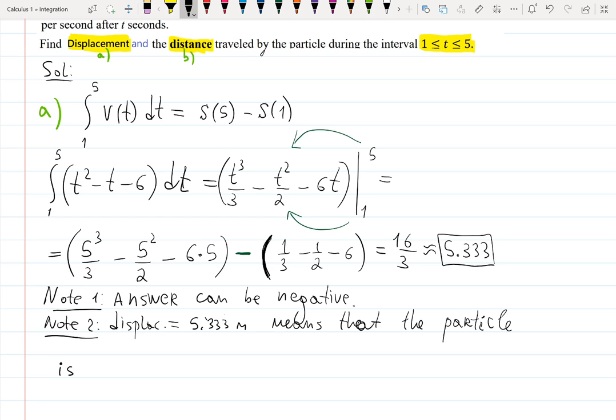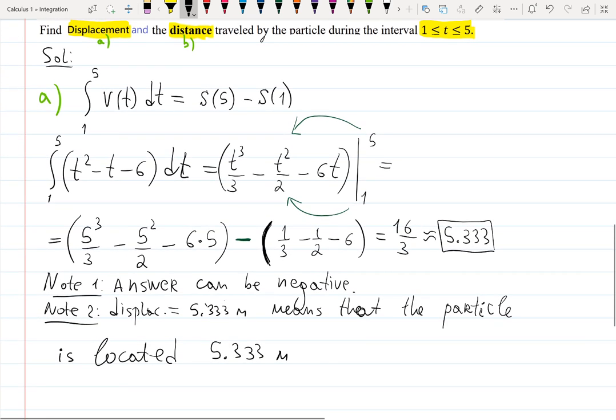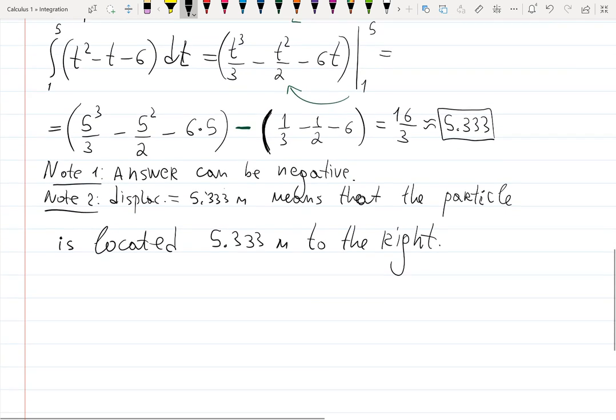It tells you where the place of the particle is. Located 5.333 meters. Is it in meters? Yeah, meters to the right. To the right. If it's negative, then to the left.